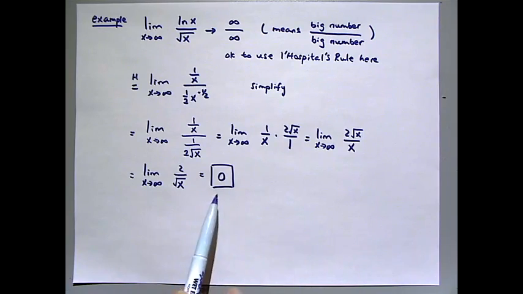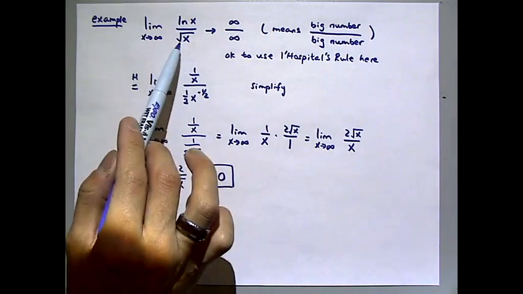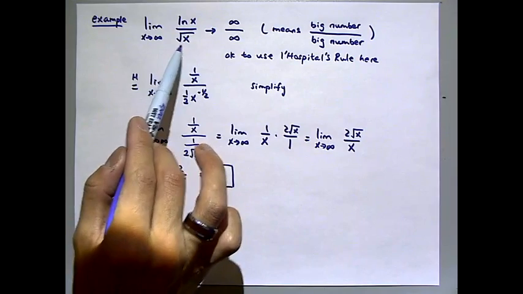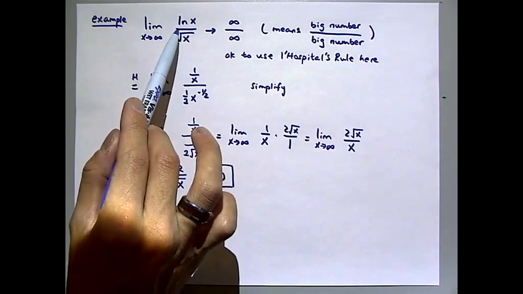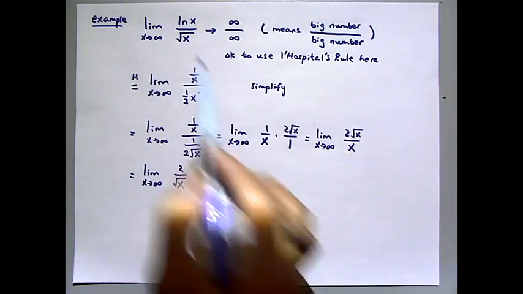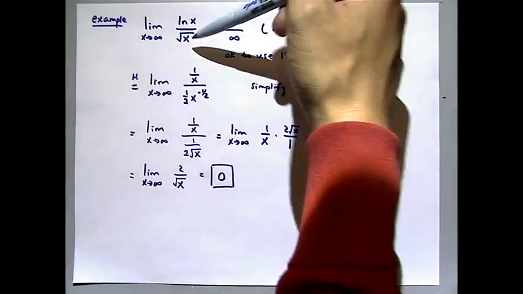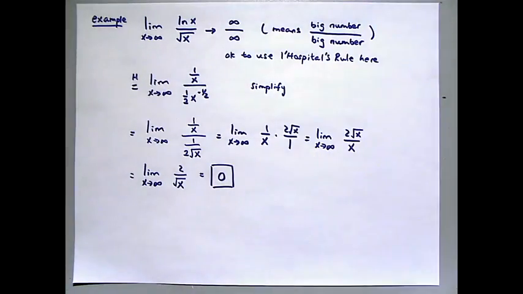A limit of 0 in this context means that radical x is growing faster than natural log of x. So by comparing the rates, because this thing is growing so much faster, it's always going to be much bigger than ln of x.